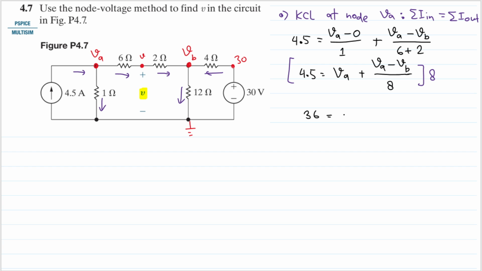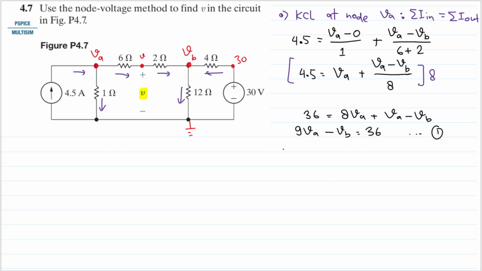And then we will have 8 VA plus VA minus VB. Okay, 8 plus 1 is 9. So we'll have 9 VA minus VB. That will be 36. And I think we cannot do anything further. Let's save this as equation number 1.